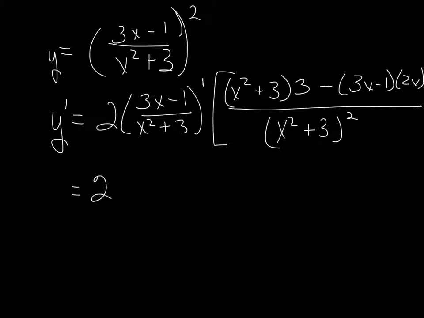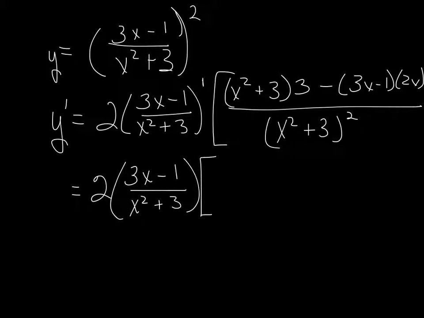So we have 2 times (3x minus 1 over x squared plus 3). Now we can simplify our numerator. We have 3x squared plus 9 minus 6x squared plus 2x. Pay attention to signs.